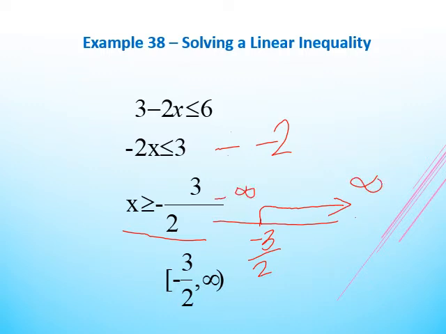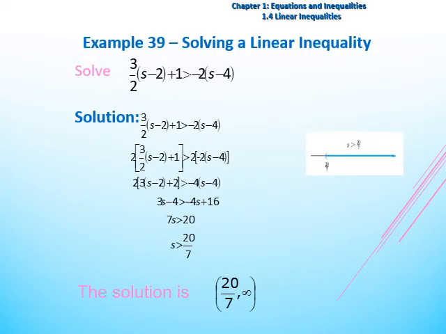So the solution is from negative 3 over 2, which is included because we have the equal sign in the inequality, up to positive infinity. So the interval form will be a semi-closed interval from negative 3 over 2 up to positive infinity, like this. Let's move to another example.